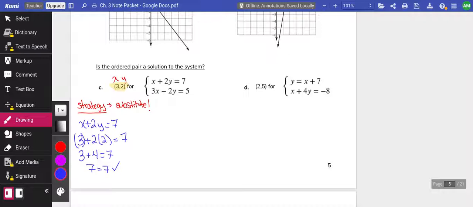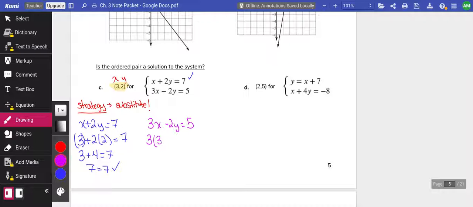It is true. So that means that (3, -2) is a point on that first line. However, we need to check to see if it's also a point on my second line. 3x minus 2y equals 5.